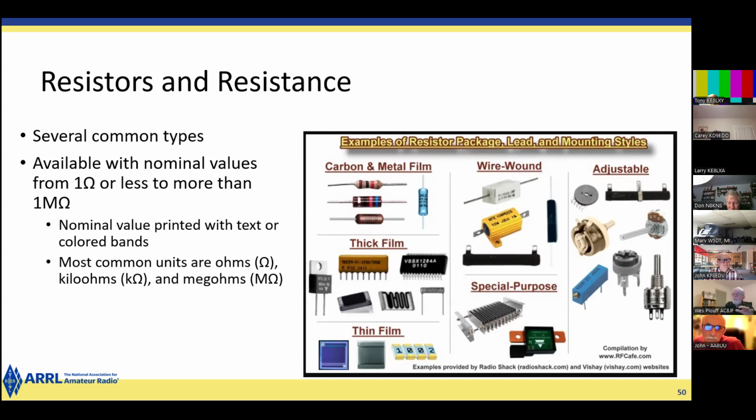Thin film resistors do that with even thinner resistive films that are deposited on non-conducting substrates.